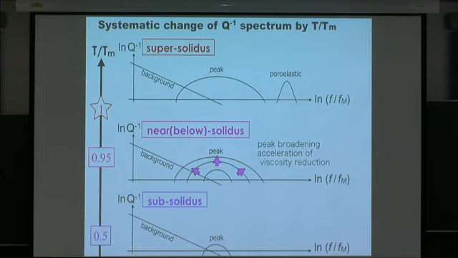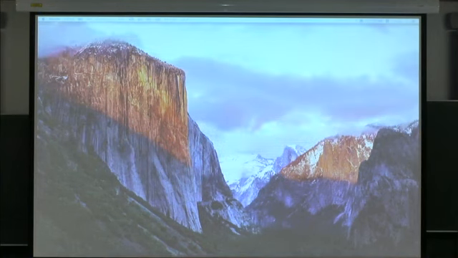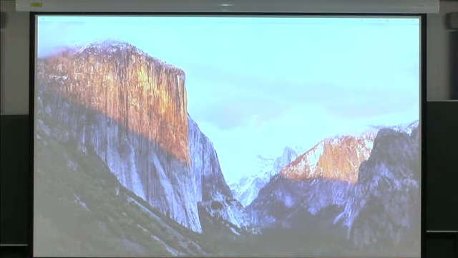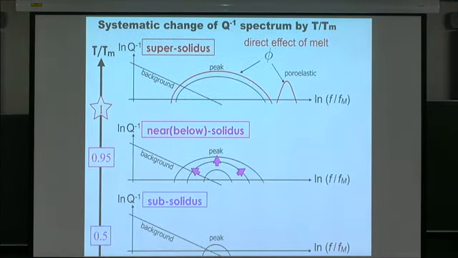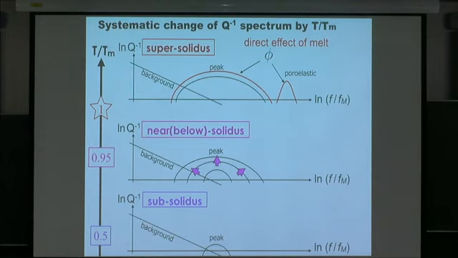But in this analysis of the Priestley and McKenzie data, I did not include any melt effect or subsolidus effect. If there is melt, we can add some poroelastic effect.